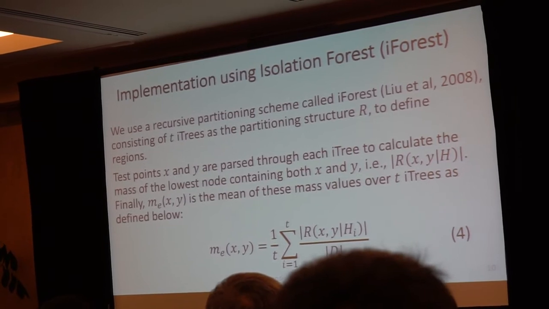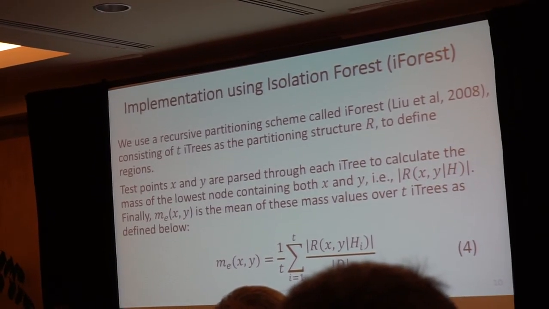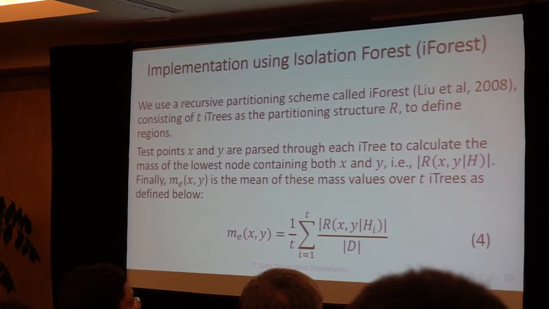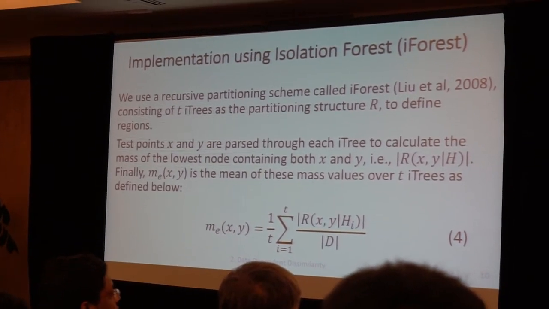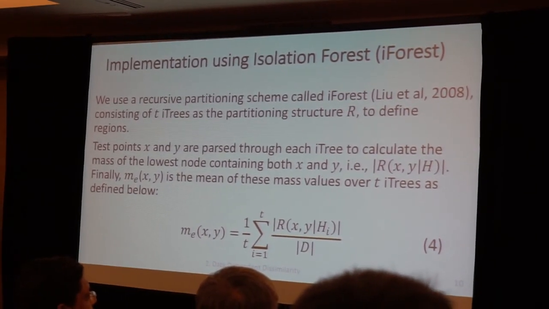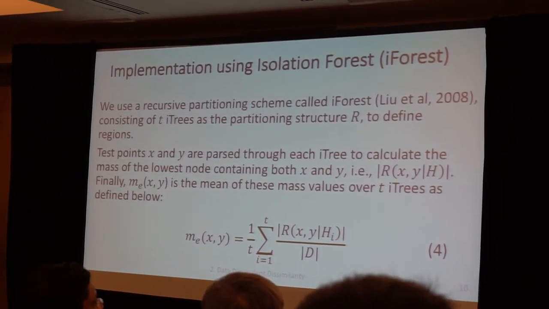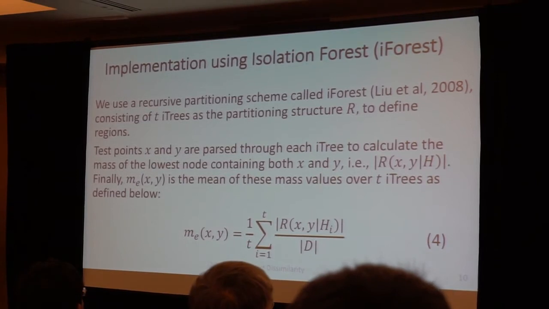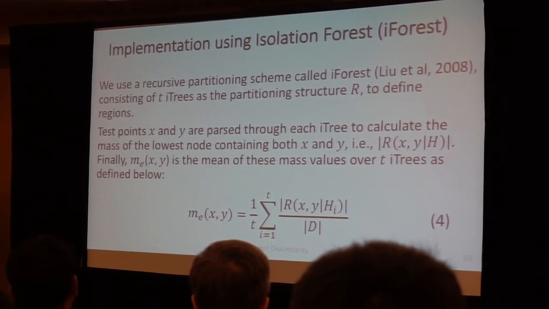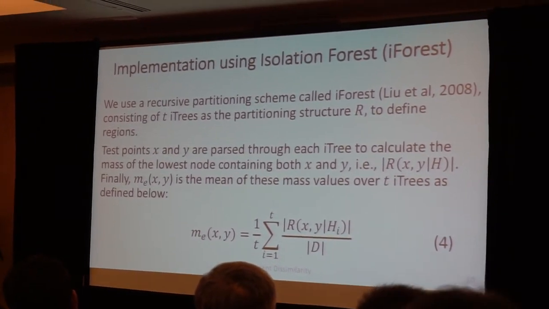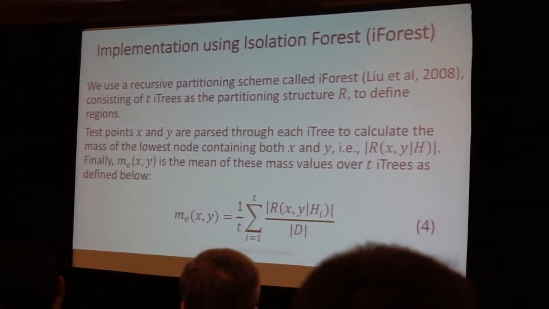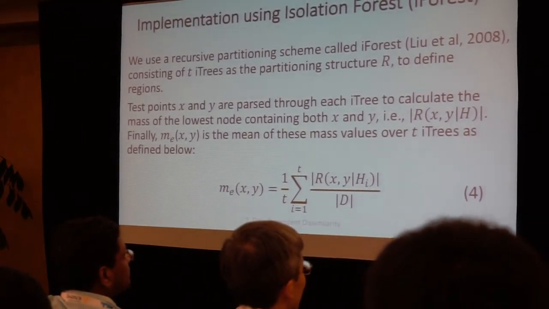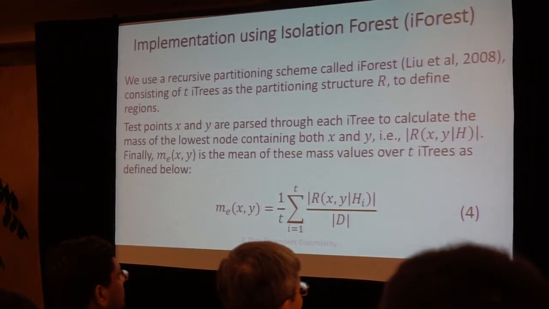And in this particular case, I should say that the generic definition can be implemented in different ways, including the one we reported in 2014. But in this particular paper, we're going to use iForest, the one we introduced in 2008. As the name suggests, it is a tree structure. In the tree structure, it's going to divide the space into non-overlapping and non-empty regions.